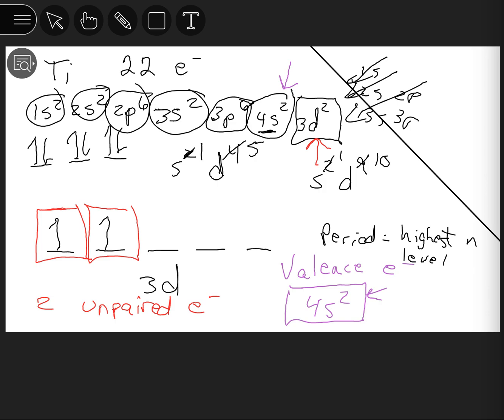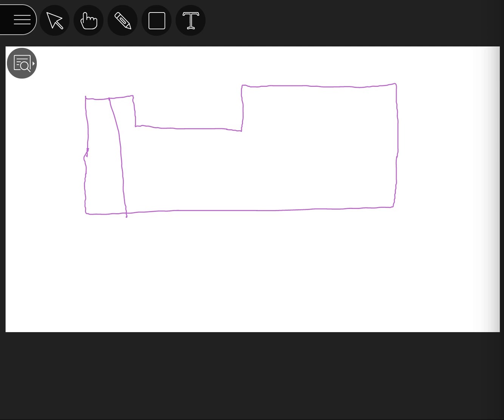You can also go by the fact that it's in column 2 because remember, the number of valence electrons is exactly the same as the column number when you use the AB numbering system. So what I'm talking about there is you have your periodic table. Then you have column 1, column 2, 3, 4, 5, 6, 7, and 8.